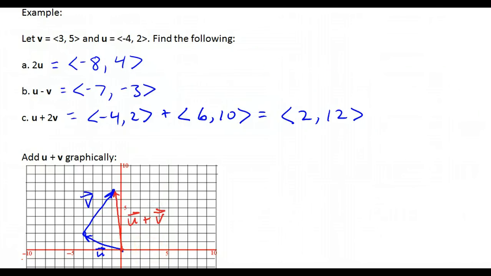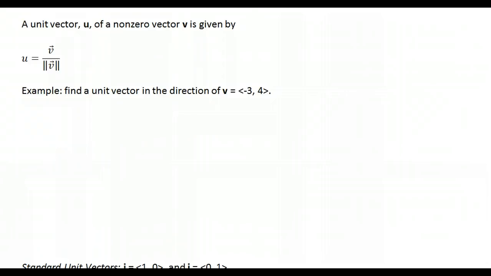Okay? All right, so I've already said that a unit vector is a vector whose magnitude is 1. And if you want to force a vector to be a unit vector, then all you need to do is divide its components by the magnitude. So a unit vector in the direction of v would be negative 3 over the magnitude of vector v, comma, 4 over the magnitude of vector v.